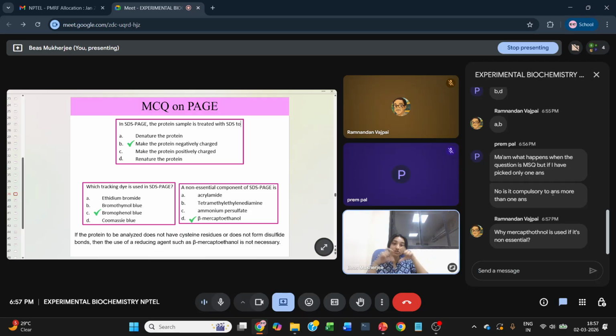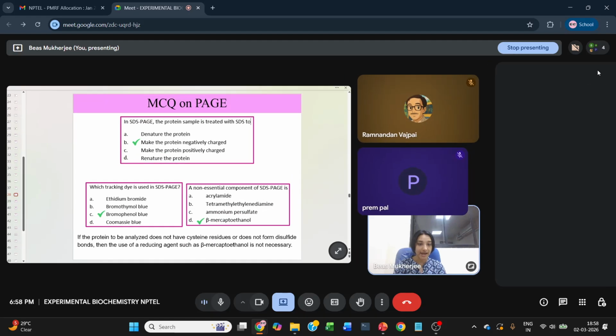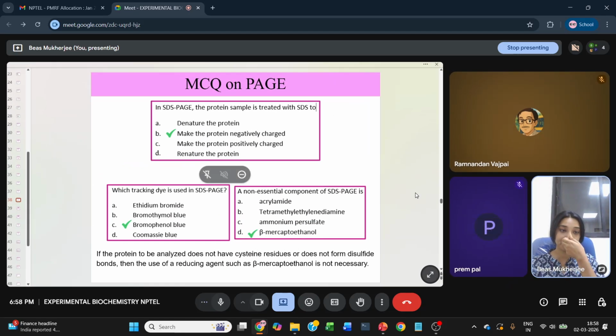All of those instructions will be written in your question paper, so when you practice these questions, you will have to actually check. It is better to not attempt MSQs if you are not 100% confident. But for MCQs, you know it is very simple, very direct, right? For MSQs, if you're not very sure, just mark the one that you're very confident about, then at least you'll get partial marks for that. Okay. So we'll come to the next question.